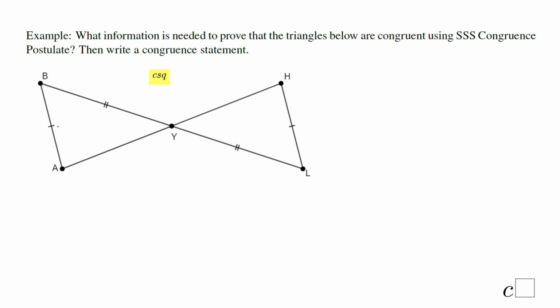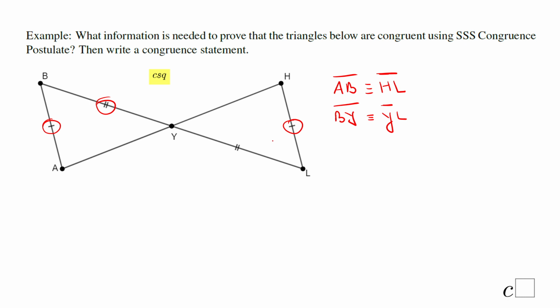Okay, so we're looking again, we notice AB congruent with HL. So we have the first S in this SSS postulate. Then we have the second S, BY congruent with YL.